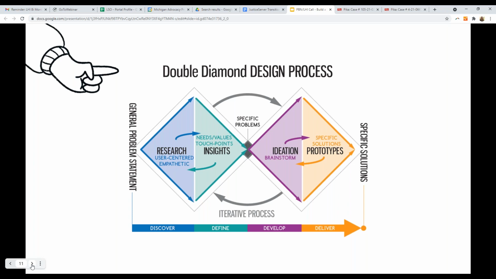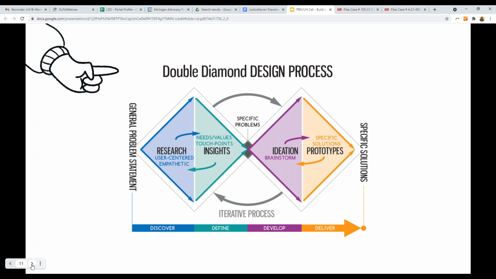So that first triangle where we're going out, we're doing a bunch of research, we're learning a whole lot, we're trying to really understand those root causes, who are our users. So in that way, we really diverge and create space for listening and learning and understanding. And then moments of convergence. So you see here with insights where we're coming together and looking at all of the information that we've gathered, teasing out important insights and things that might inform our solutions.